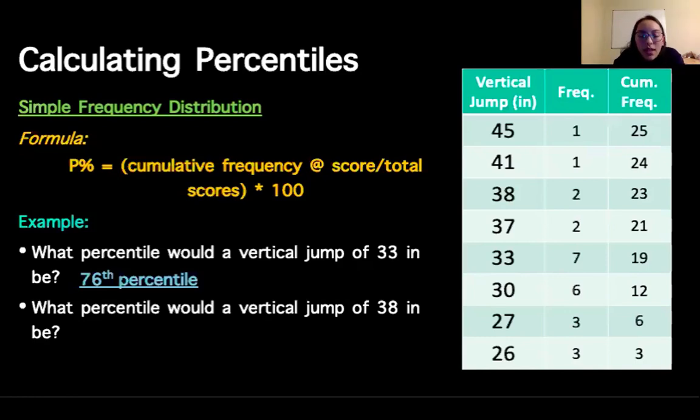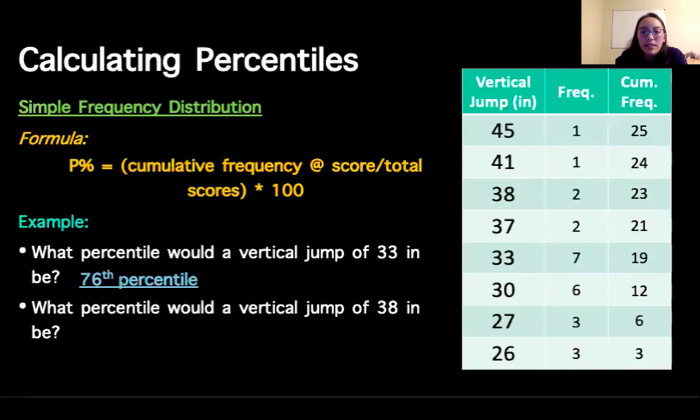Okay. So if the person had a score of 33, or their jump was 33, you would say they scored at the 76th percentile, right? But if you're including all of these people, then you would say someone who scored a 27 kind of lies within the 76th percentile, if that makes sense.